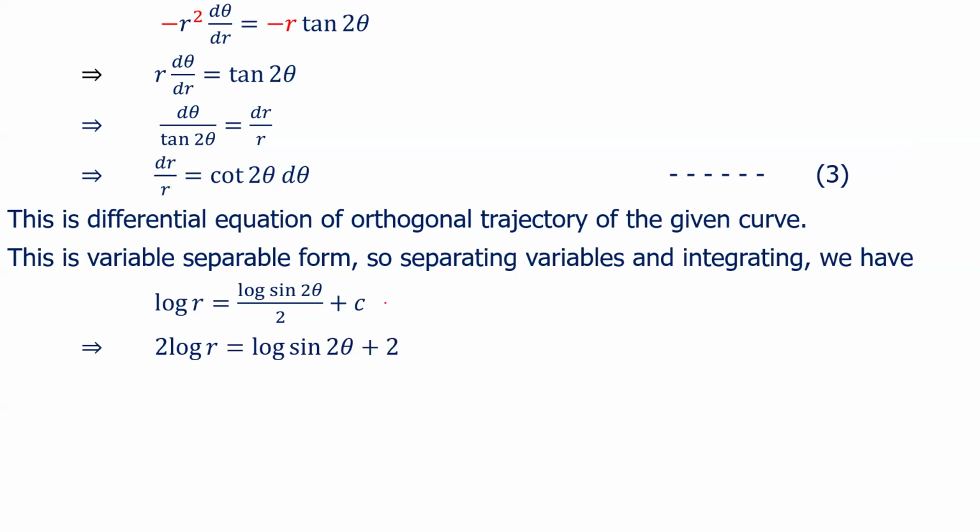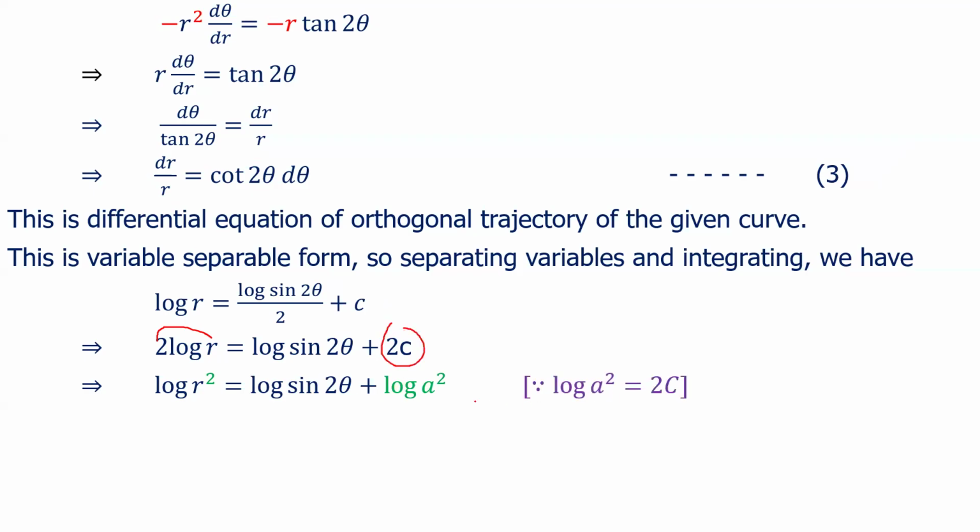So it can be written as 2 log r equal to log sine 2 theta plus 2c. Now this 2 goes to this side and it becomes log r square equal to log sine 2 theta plus 2c. Let us consider this 2c as log a square. So this is log sine 2 theta plus log a square.